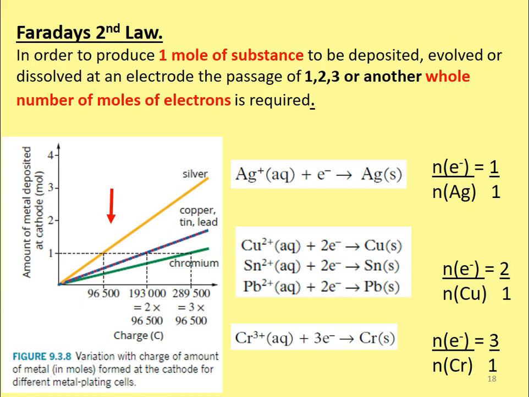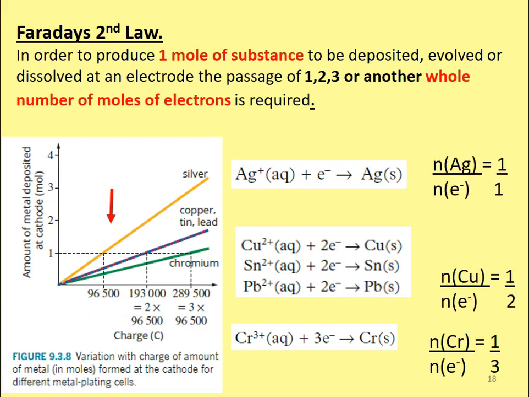So that was looking at how much metal you would form depending on charge. Another way of looking at it is the other way around: this is the amount of metal, and the x-axis here could be moles of electrons.